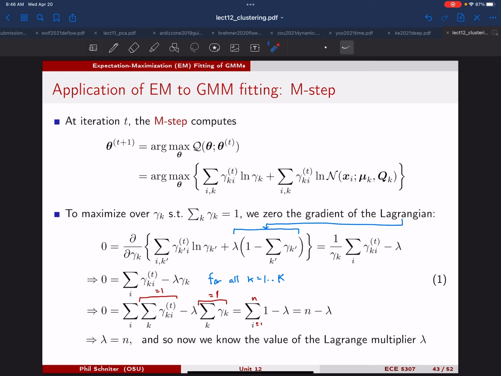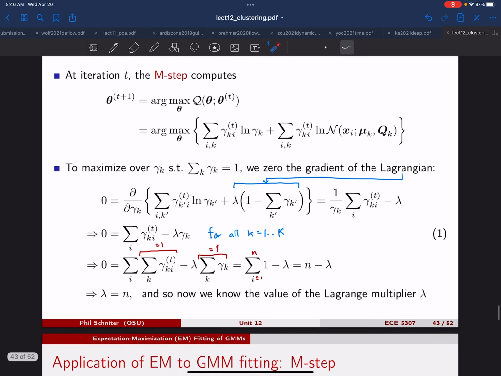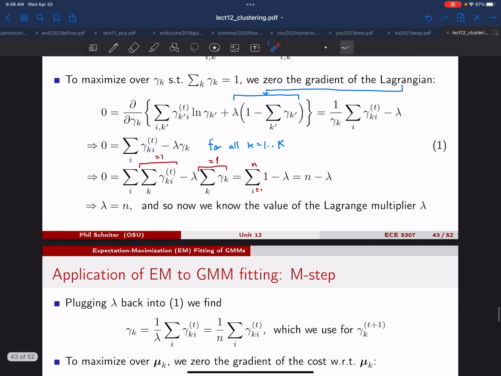Now that we know lambda, we can plug lambda back into here and solve for gamma k. Okay, so the very first thing before we even do that, let's just rewrite this by moving this to the other side and dividing by lambda. We have isolated gamma k.